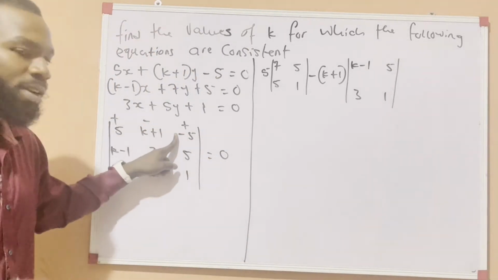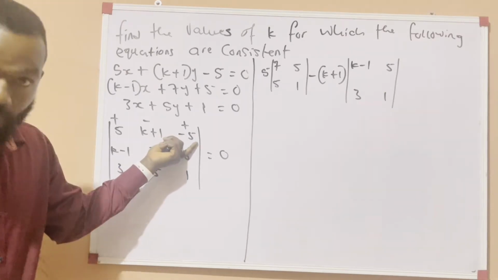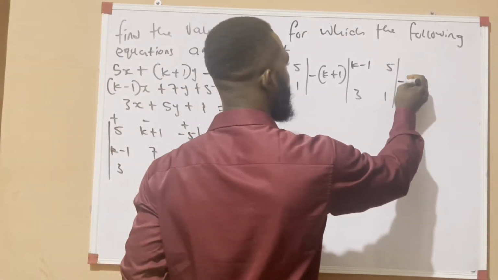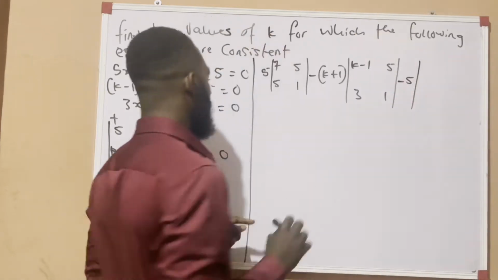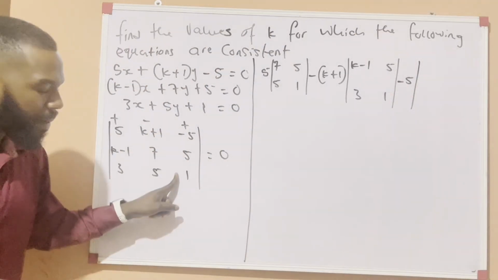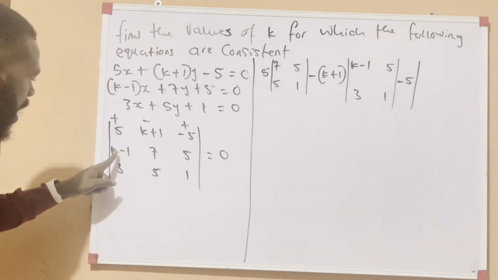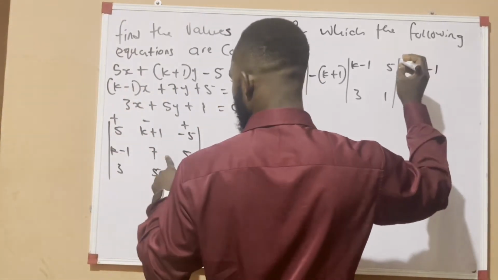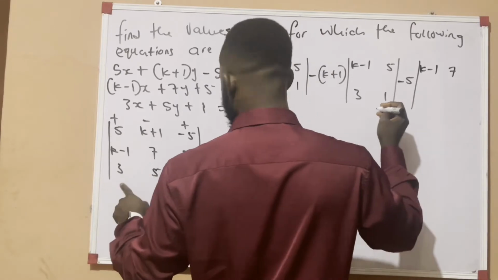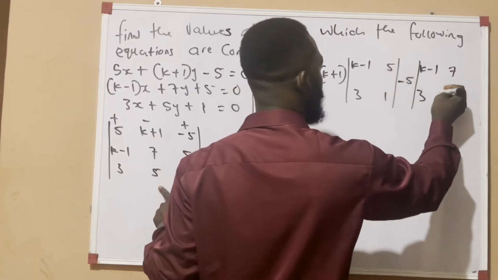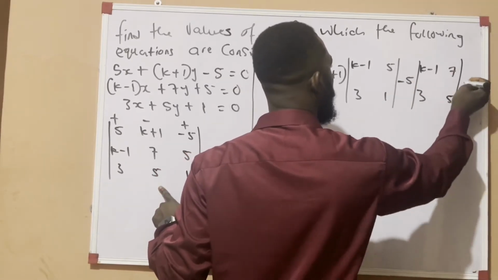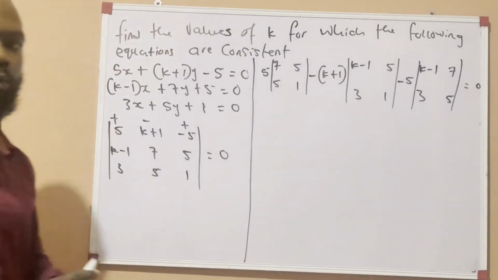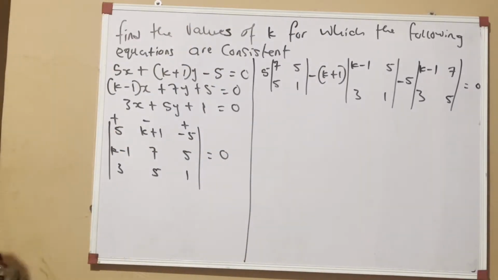Now plus times minus gives us minus, so I'm going to be using minus 5. Again, deleting the 2 elements under the column of minus 5, we are going to be using k minus 1, 7, 3, 5. Don't forget, all is equal to 0. Good. Now let us proceed.